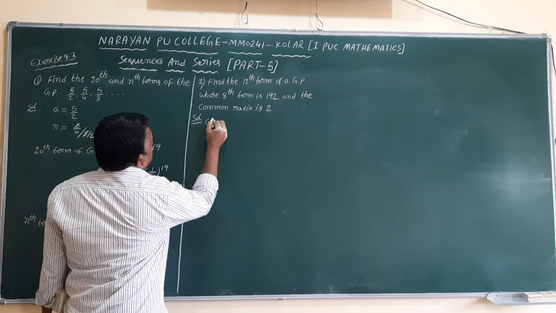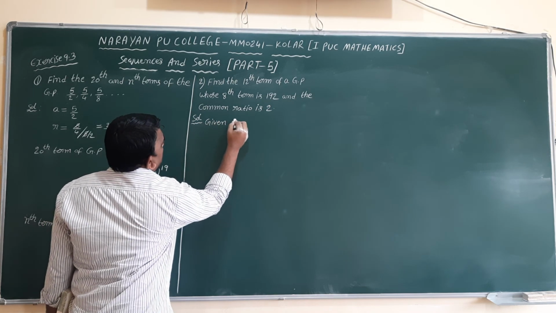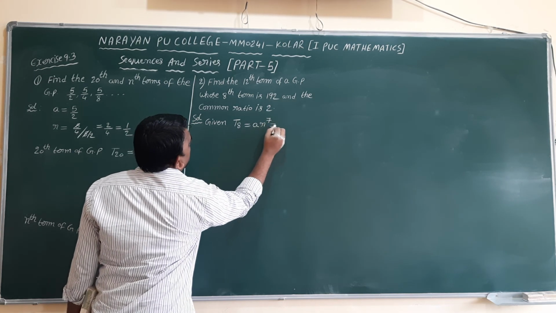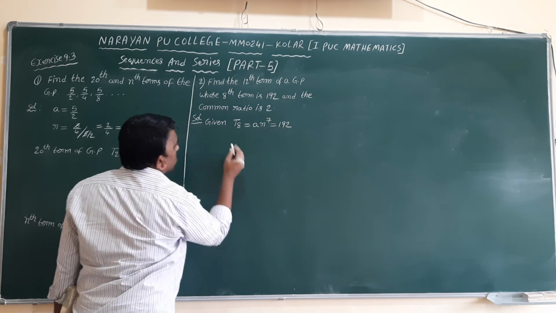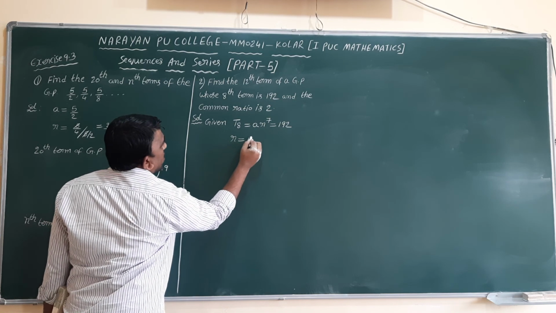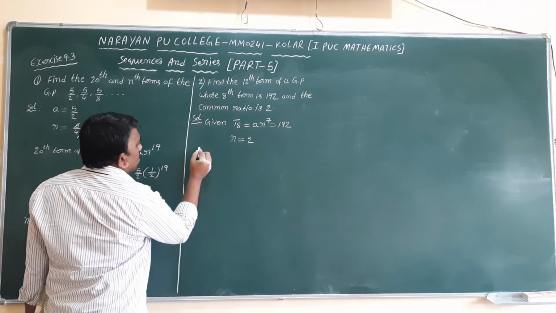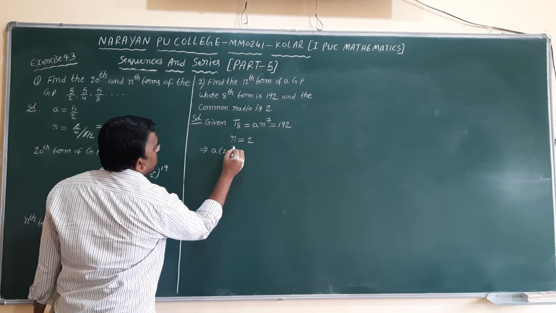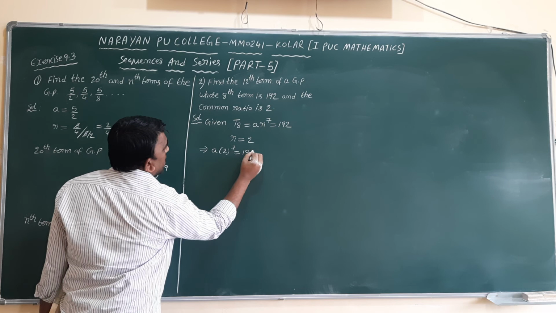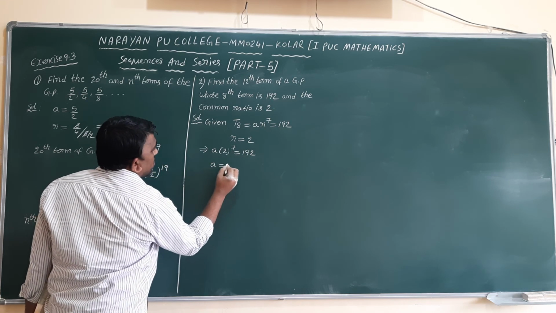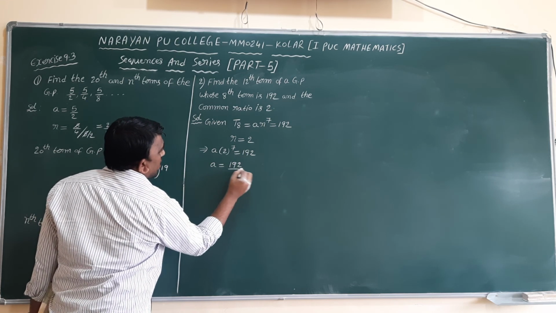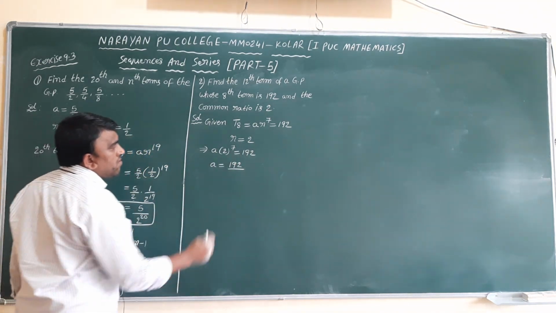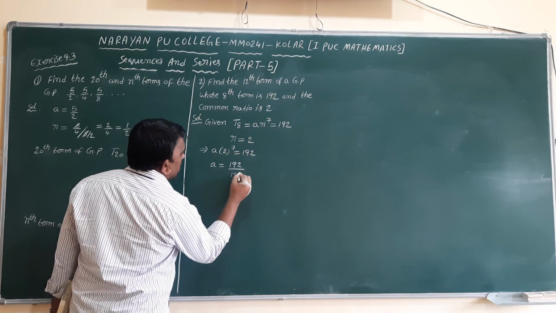So given, T8 means AR power 7 is equal to 192 and the common ratio R value 2 is given. Substituting R in T8, A into 2 power 7 is equal to 192. A equal to 192 divided by 2 power 7 value, which is 128.